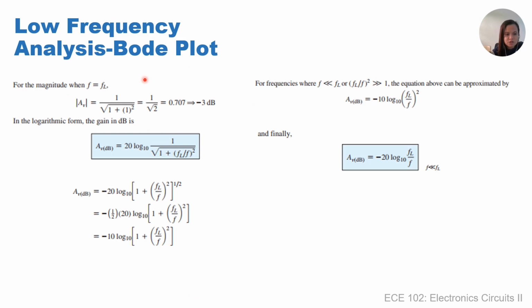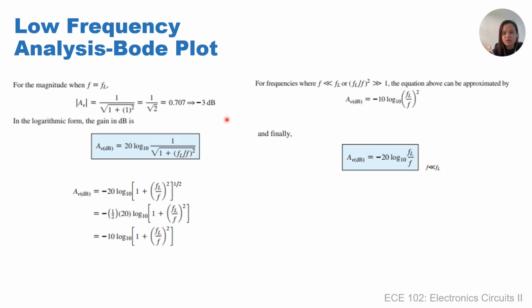For the magnitude, when the frequency is equal to the cutoff frequency, we know that the voltage gain is equal to 1 over square root of 2, or 0.707.